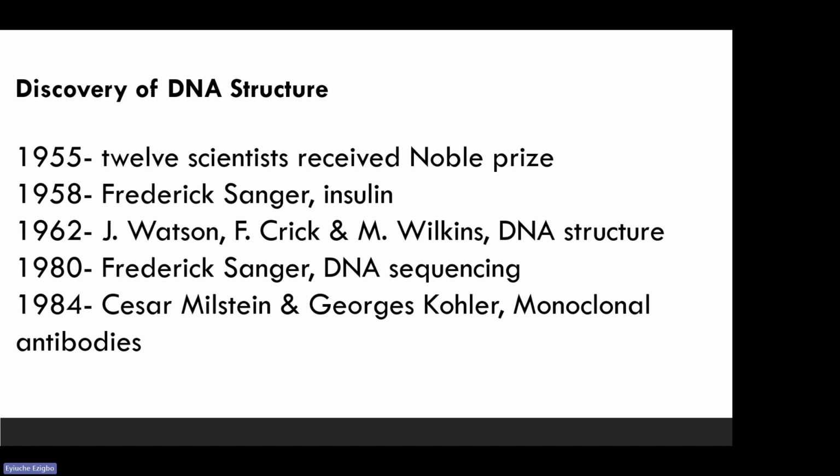In 1980, Frederick Sanger came up with the DNA sequencing process, where the genetic sequence, the codes that make up a gene, was sequenced. Then César Milstein and others worked on what? Monoclonal antibodies. So these are some of the hallmarks, some of the scientists, the key dates, the key findings, the key milestone scientific discoveries that led to molecular investigations.